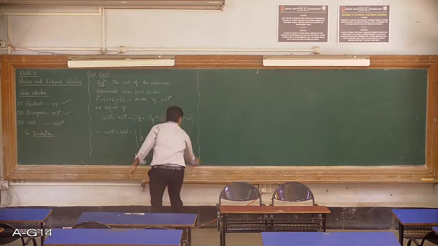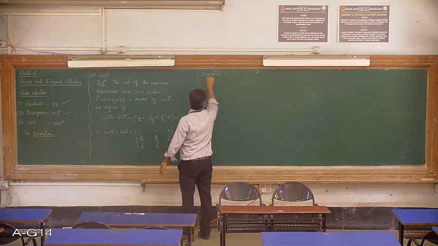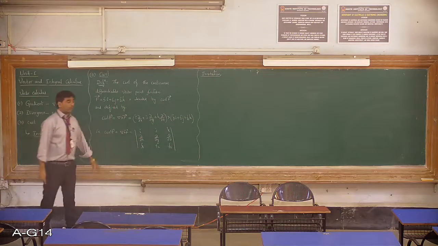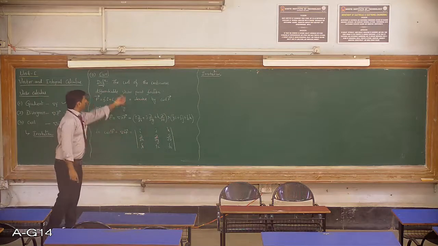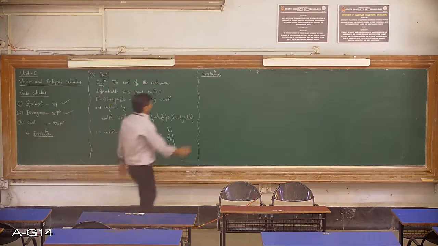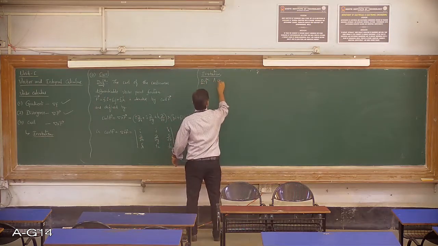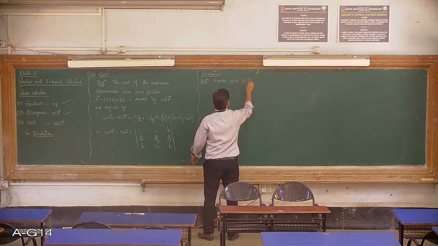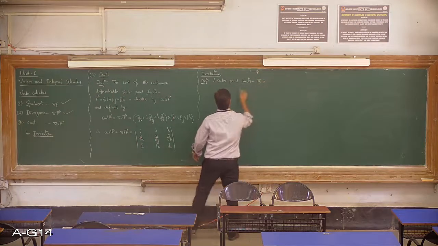Now the next point is irrotational. What do you mean by irrotational? We need to understand irrotational as when curl is equal to 0. If curl of f is equal to 0, then we can call this f an irrotational vector point function. So now I'll write the definition.